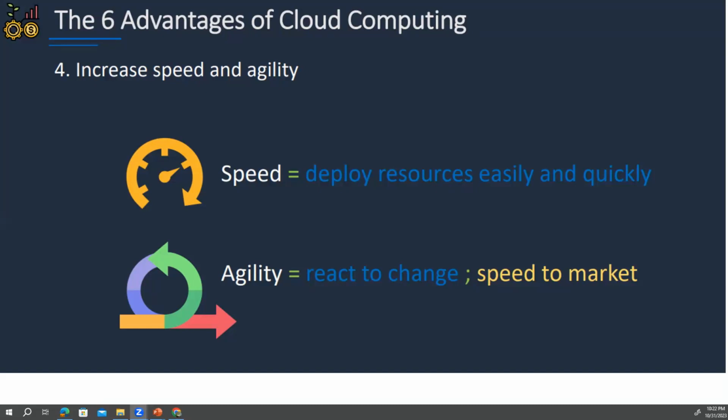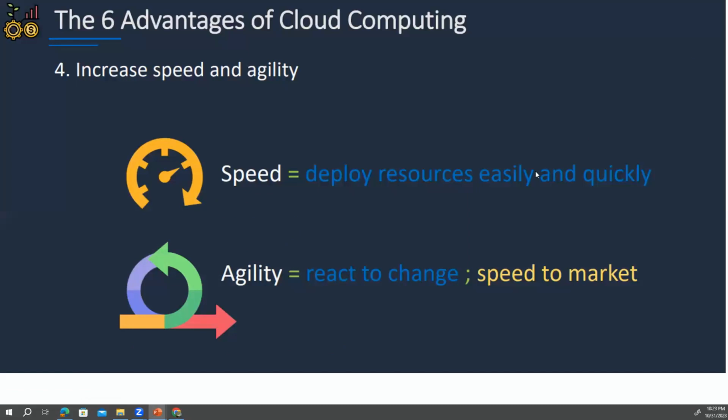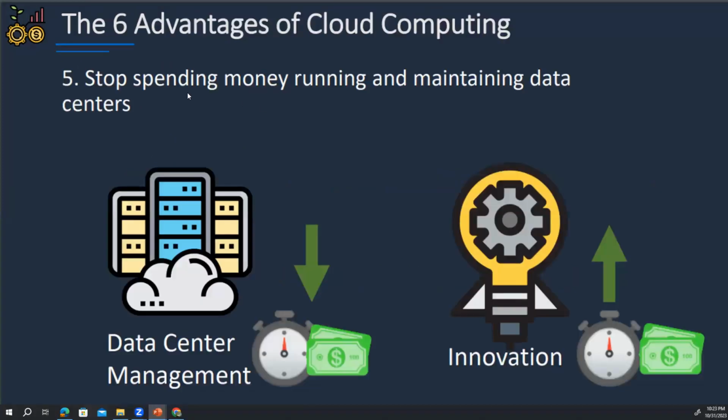Especially when you use something like Amazon.com or Macy's.com, there will be multiple competitors fighting battles to get your attention. That's the reason you need to react to that change and get speed to market. So another advantage in the cloud is that you can react fast and deploy your resources to production very quickly and easily. That is the fourth advantage. And the fifth advantage is stop spending money running and maintaining data centers.